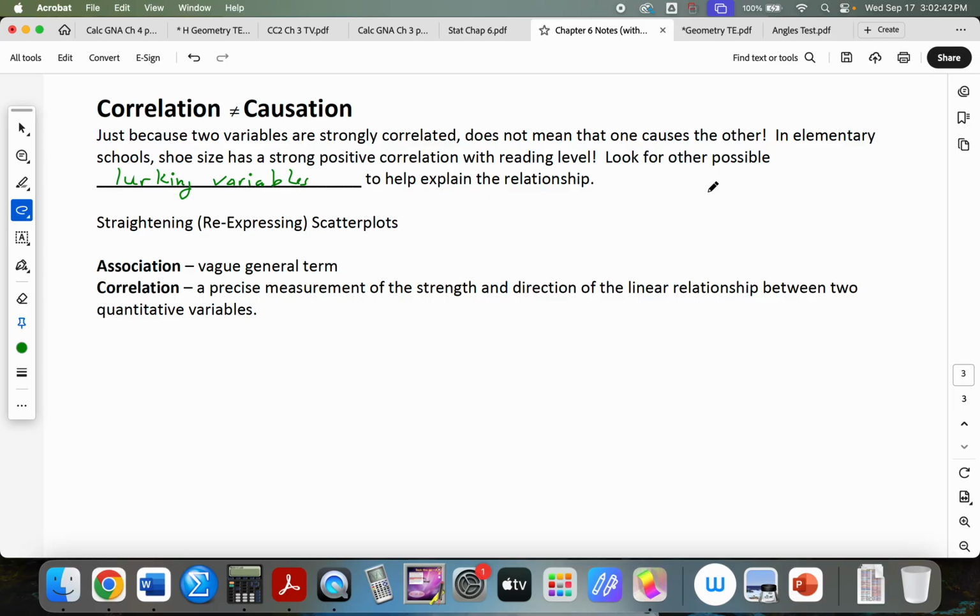And that's partly why later on when we get into designing experiments, one of the things you want to do is try and prevent lurking variables, which is why you'll do things like pick a random sample of people. If I was doing some health thing, and I only picked young, healthy people for my study, I might not find anything.